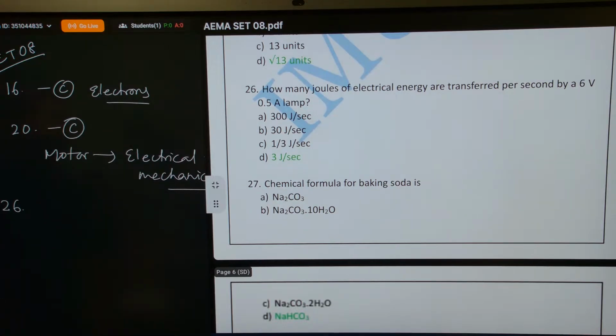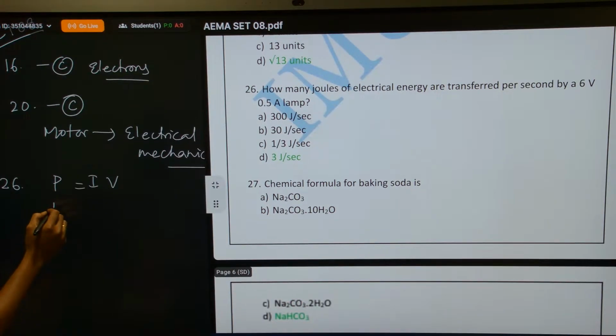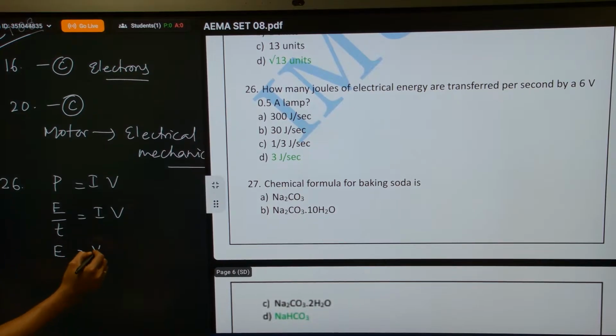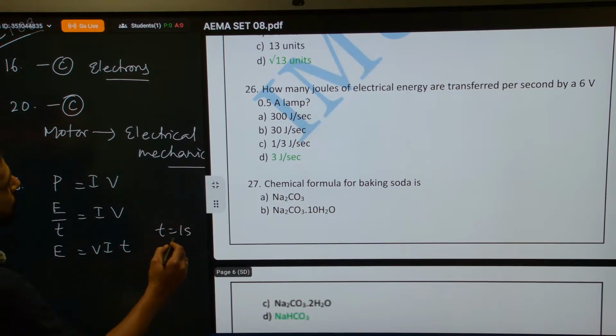Okay, so what we have to calculate is electrical energy; voltage and current are given. So what was power? Let's get into the power formula. Power means VI. Power means energy spent over unit time. What is the formula of energy then? VIT. See here, per second indicates t equals 1 second.